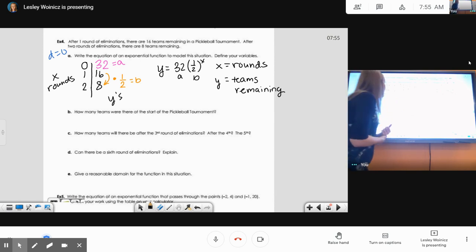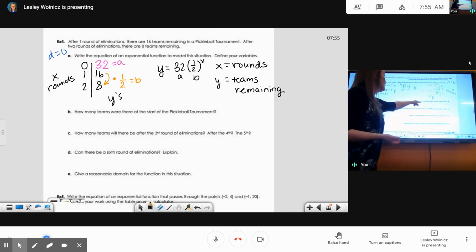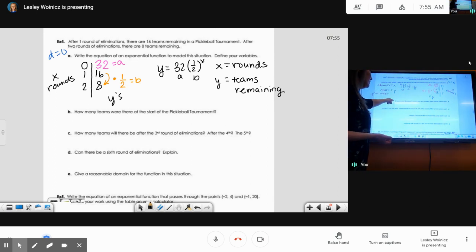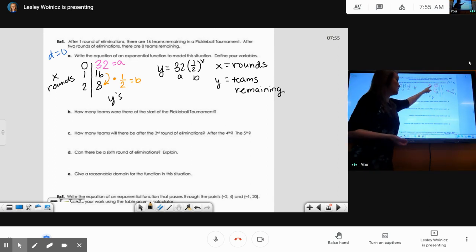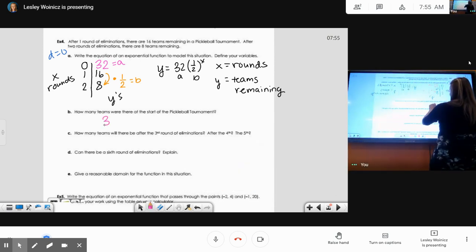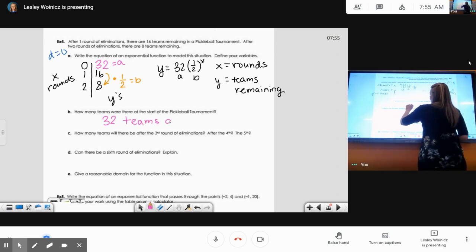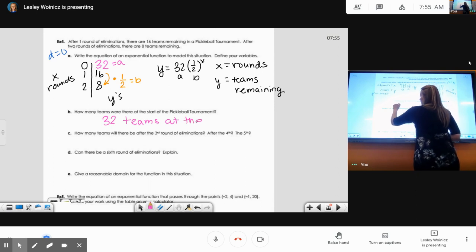Okay, so now that I have an equation, I can really quickly find how many teams there were at the start of the pickleball tournament. Well, I mean, that's 32. 32 teams at the start.